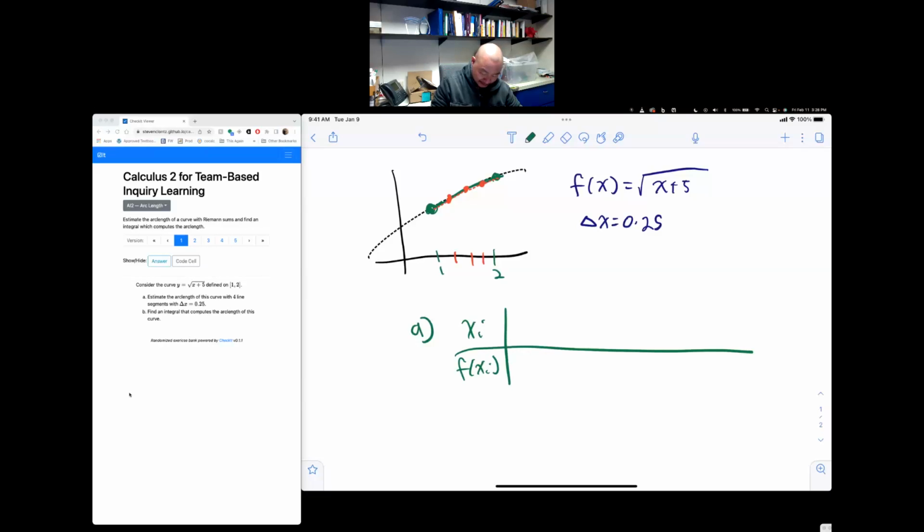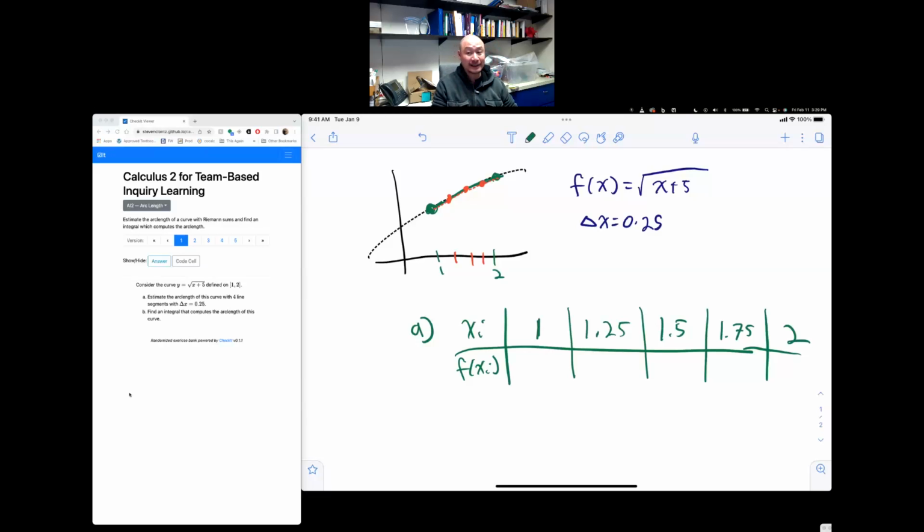We know that our first x value is 1, since that's the start of our interval. And then we increment by delta x of 0.25. So my x values are 1, 1.25, 1.5, 1.75, and 2.